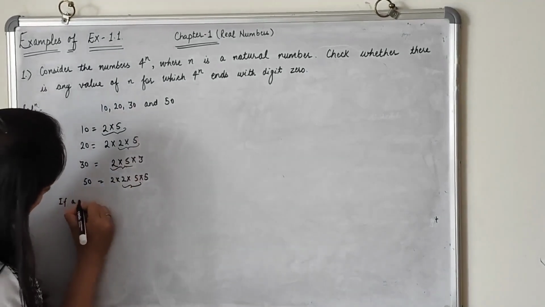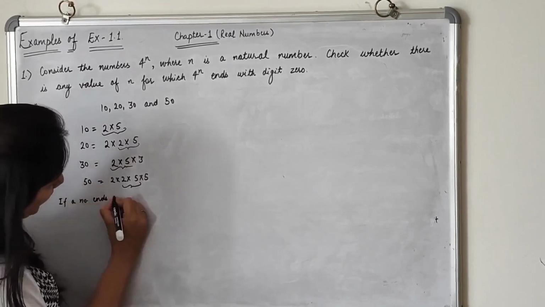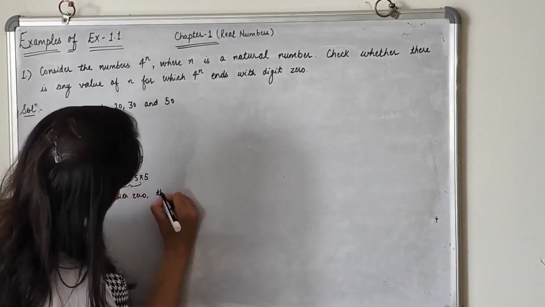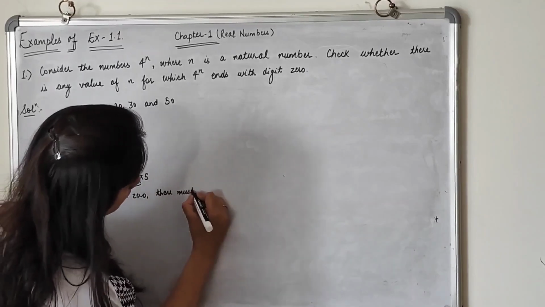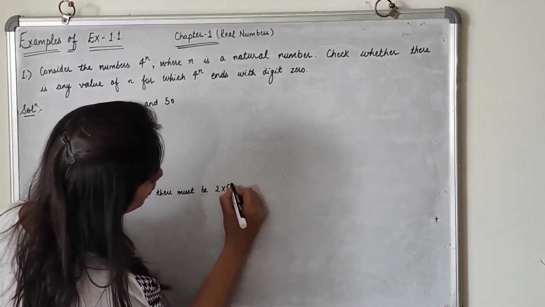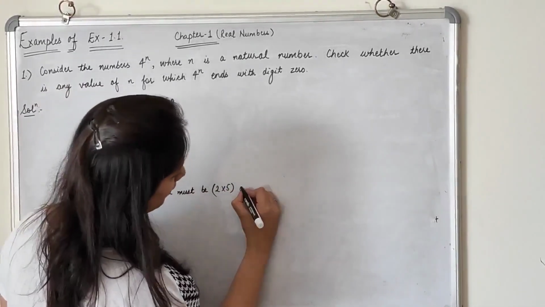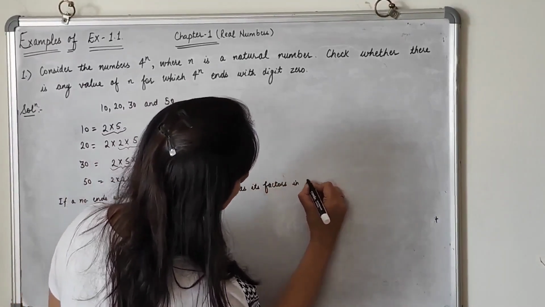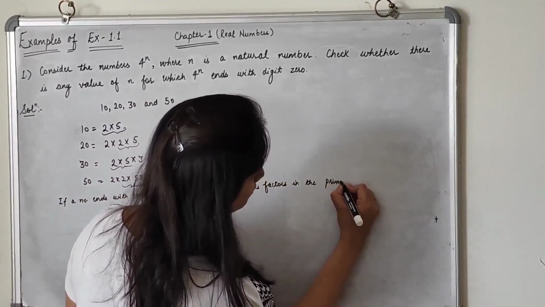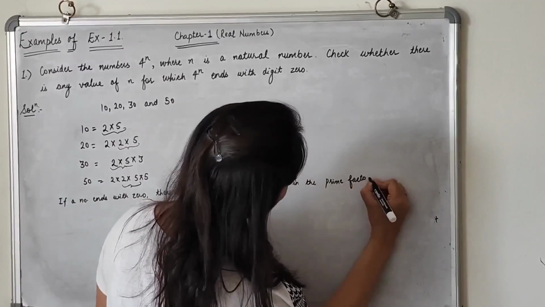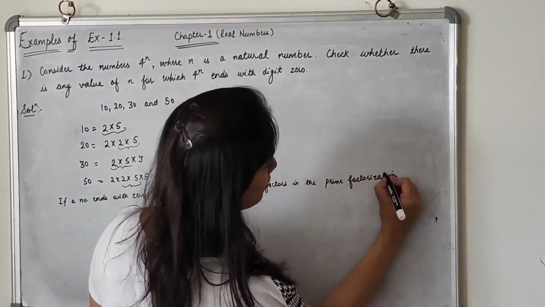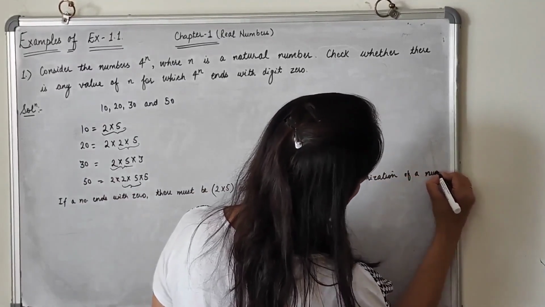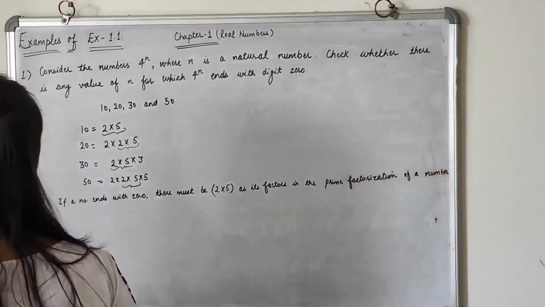If a number ends with 0, there must be 2 cross 5 as a set as its factors in the prime factorization of a number, right?